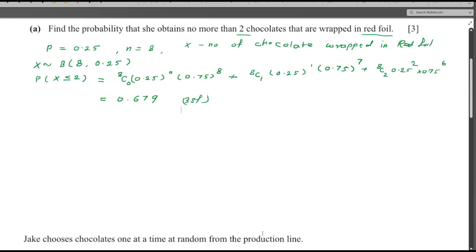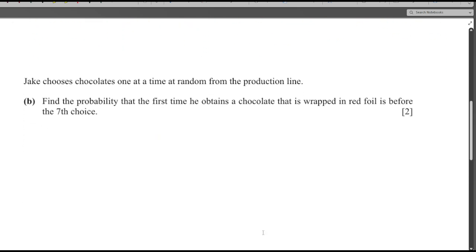Okay, now let us move to the second part of the question. Jack chooses chocolates one at a time at random from the production line. Find the probability that the first time he obtains a chocolate that is wrapped in red foil is before the seventh choice.